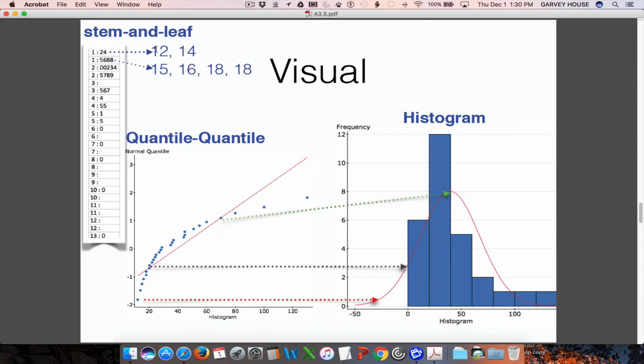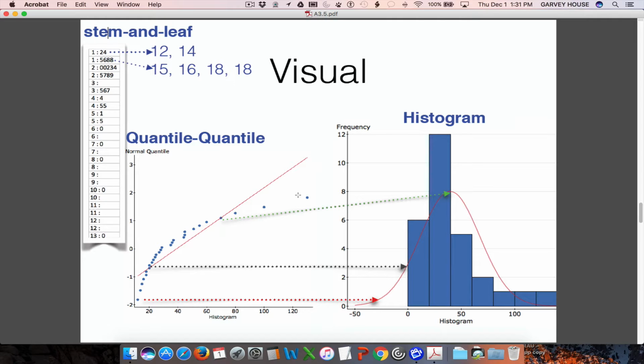So this means you have a value of 12 and a value of 14. In the second row, you have 1 colon 5 6 6 8. So you have 15, 16, 18, and 18. And that's how you interpret a stem and leaf plot. You can also see from the stem and leaf plot that it's highly positively skewed.